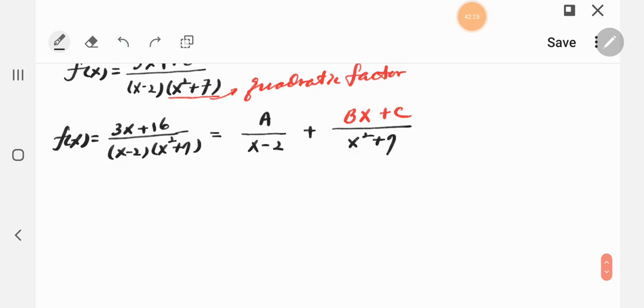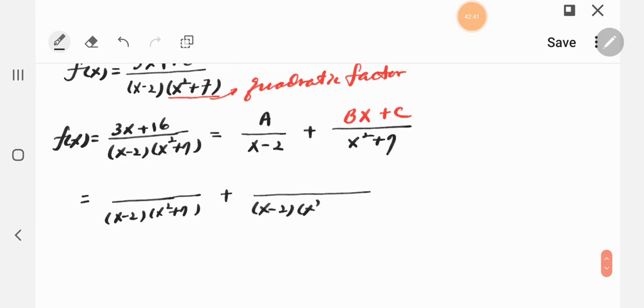Then let's combine this. The LCD is x minus 2 times x squared plus 7. We multiply a by the missing factor x squared plus 7. And for the second fraction, bx plus c will be multiplied by the missing factor, which is x minus 2.